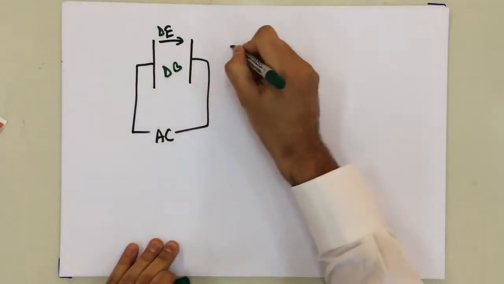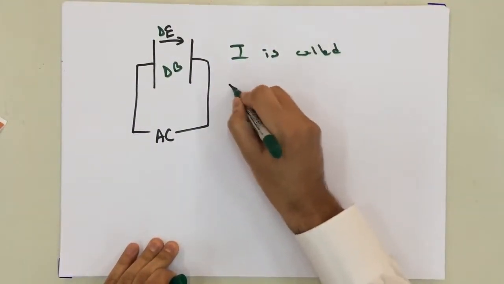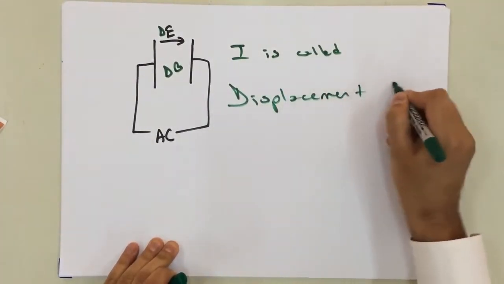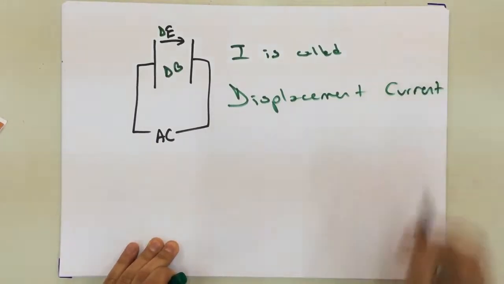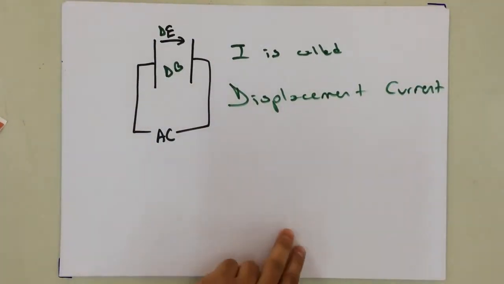This current is called displacement current. And this is an information in our book. After that, we will explain what are the properties of electromagnetic waves.